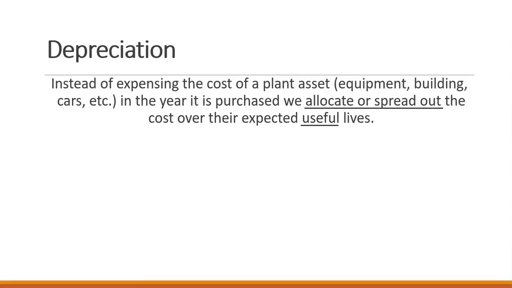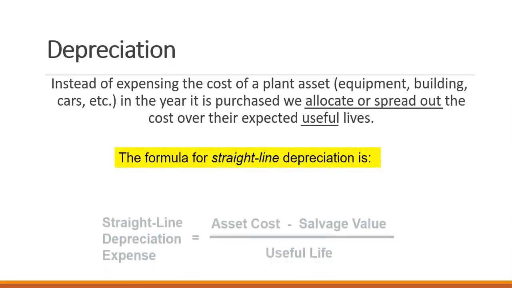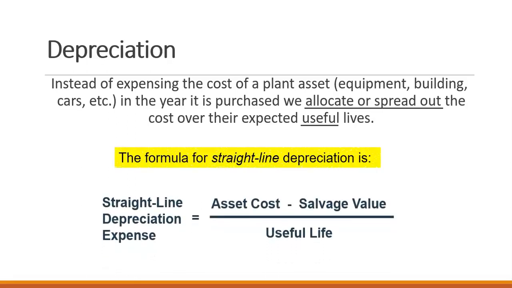So we record depreciation expense against all of our property, plant, and equipment except for land. Land is never depreciated. The formula for straight line depreciation is the asset cost minus the salvage value of the asset, divided by its useful life. So how do we decide the useful life of an asset? Sometimes it's company policy. If we say we replace computers every 5 years, then the useful life of a computer is 5 years.